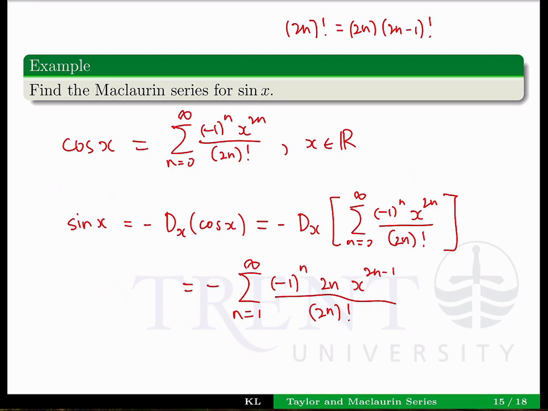In any case, we will have the summation n from 1 to plus infinity. We have a negative here. This is actually negative 1. So we can bring it inside to have negative 1 raised to n plus 1.